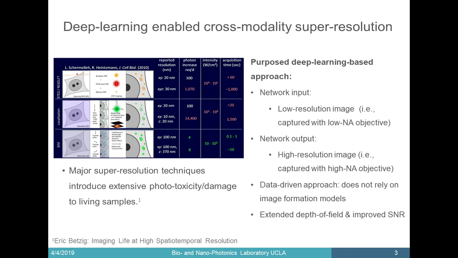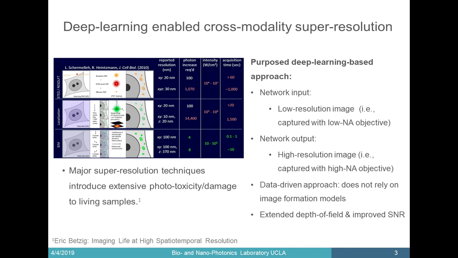So here we present a deep learning-based framework to achieve super resolution and cross-modality image transformation in fluorescence microscopy. We demonstrate a possible method for high-throughput microscopy and the potential to democratize super-resolution microscopy to more researchers.